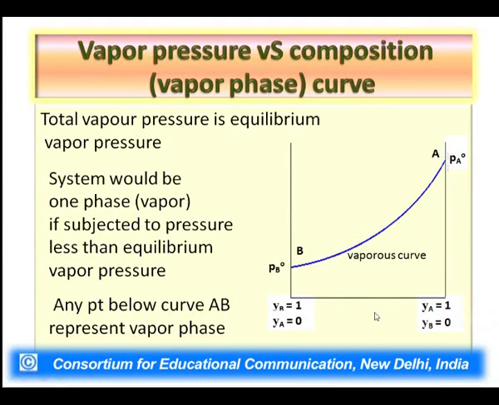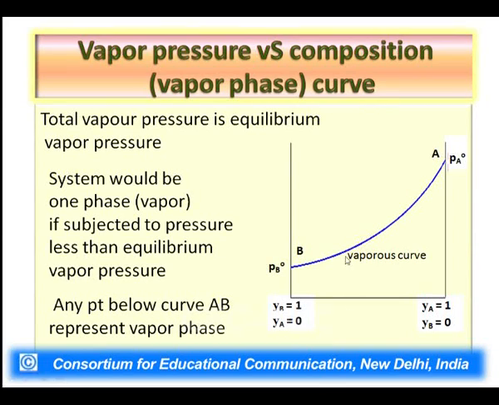Coincidentally, the x axis now represents the composition in vapor phase. Here vapor phase composition also lies between 0 and 1. For example, Ya varies between 0 and 1 from left to right, and Yb varies between 0 and 1 from right to left. The fact of the matter is that this curve represents the total vapor pressure at any given composition in the vapor phase.